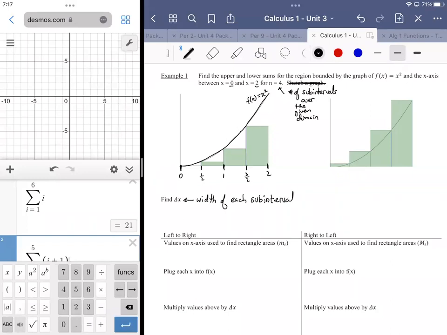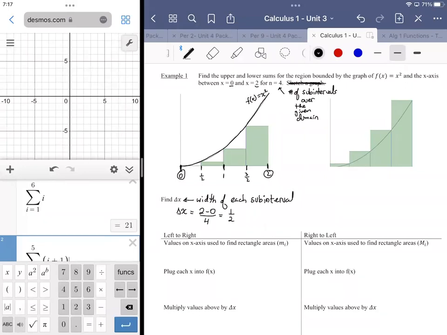So if the restricted domain is 2 units long, and we get that by taking the 2 and subtracting from it the 0, because the starting point doesn't necessarily have to be 0. If we get the difference between the 2 endpoints and then divide it by the number of subintervals, we would get the width of each subinterval, which would be 1/2.